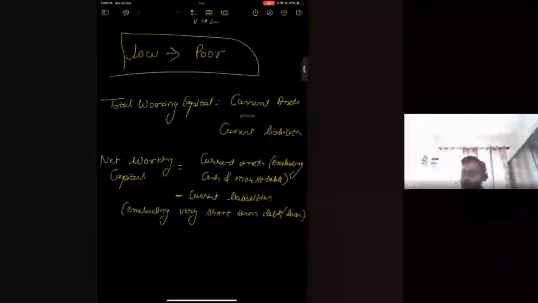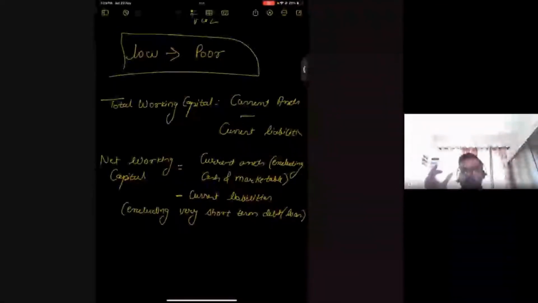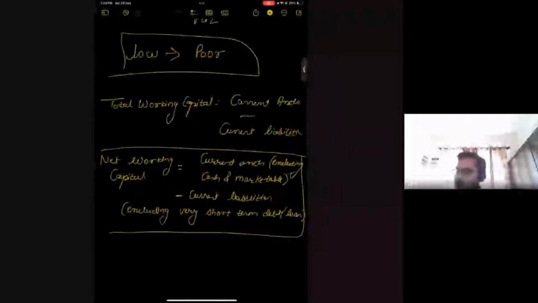So basically what you do is, all the cash and bank balances, whether positive or negative, you remove that and then you come to your net working capital. This basically tells you, let's forget cash for the time being. Whatever cash you're sitting on is a separate thing.